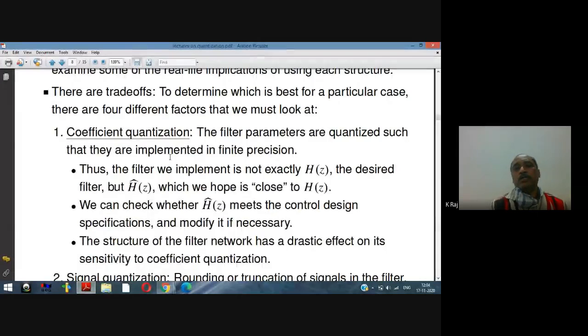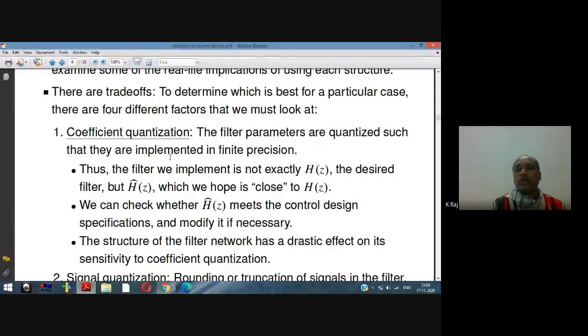If we are interested in quantizing the filter that has to be implemented, what is the meaning of the quantization? It means we are trying to shift the information from infinite precision to finite precision. Whatever coefficient has been represented with an infinite number of bits has to be represented with the help of a finite number of bits.